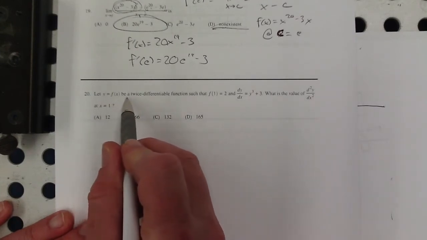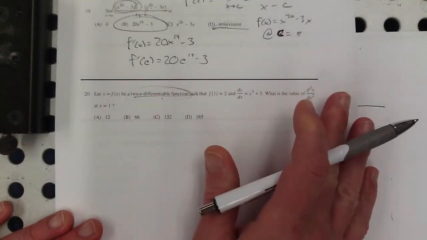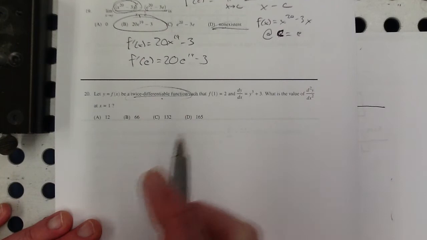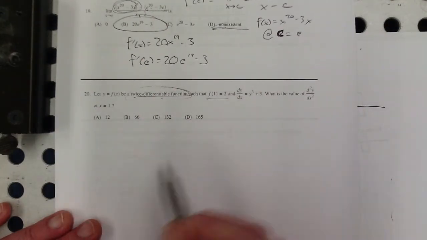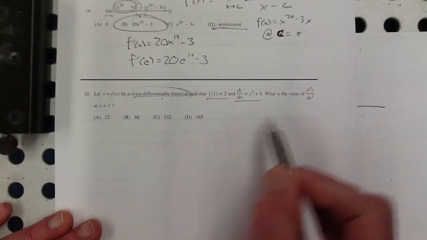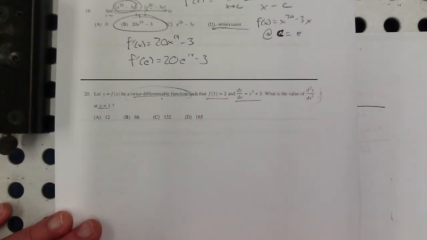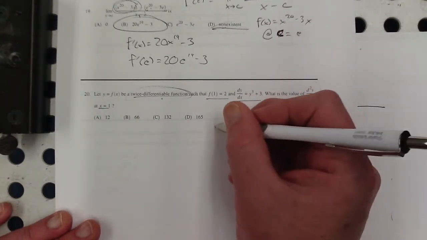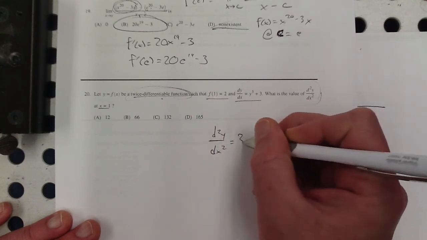Let y equal f of x be a twice differentiable function. What does that mean? It just means that everything you want to be true about derivatives and smoothness of curves is true. That's all it means. Such that f of 1 equals 2, and the derivative is this. What's the value of the second derivative at x equals 1? Okay, so this is the first derivative, so let's take the derivative of it to find the second derivative.